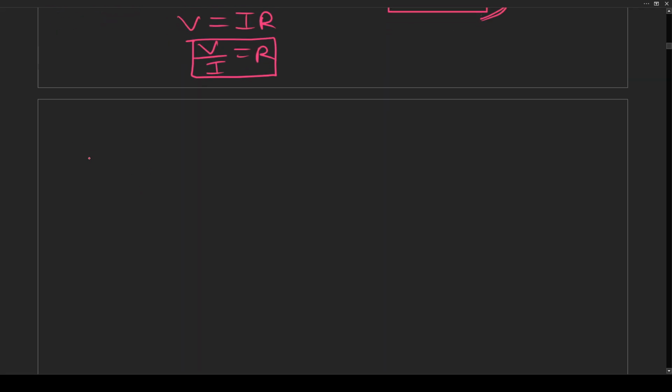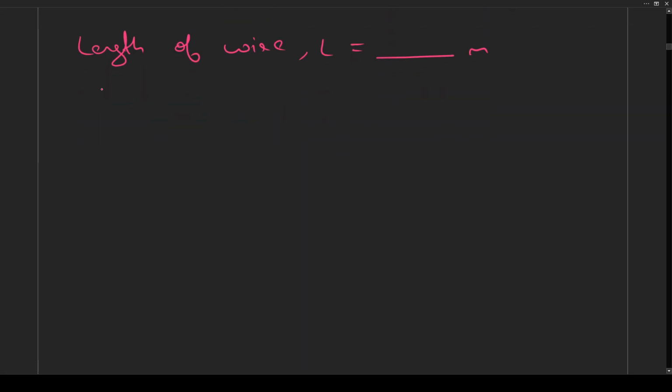Length of the wire we calculate using a meter scale, or which might be given. Tabular column. Here we do not use Ohm's law to calculate resistance.